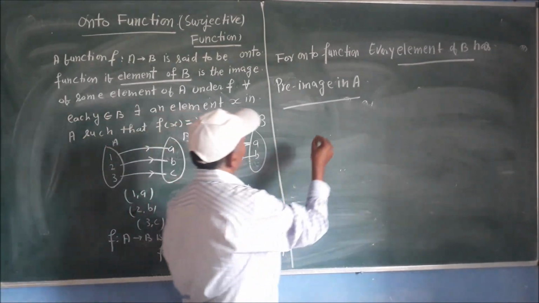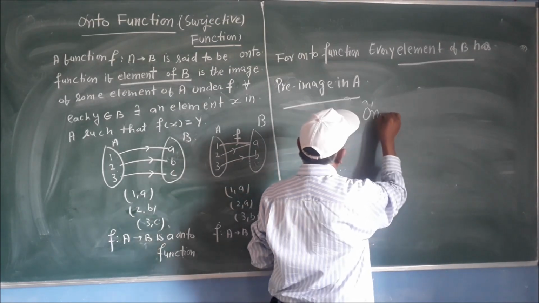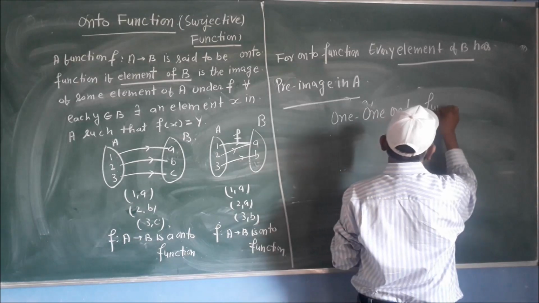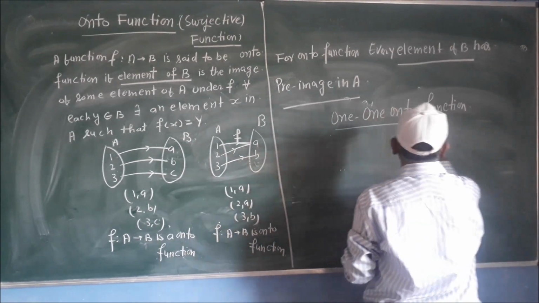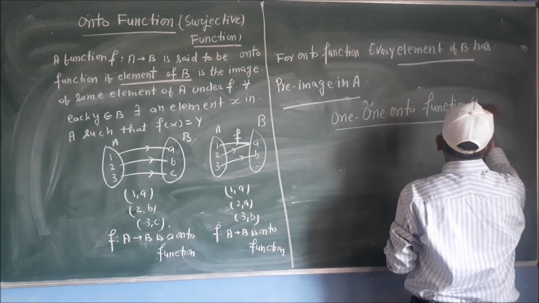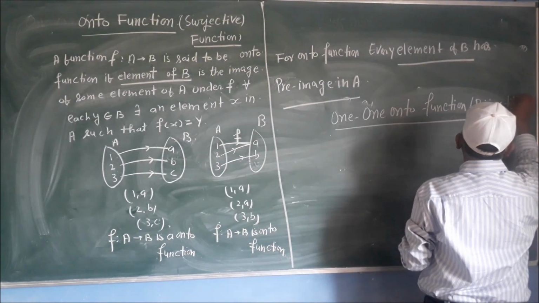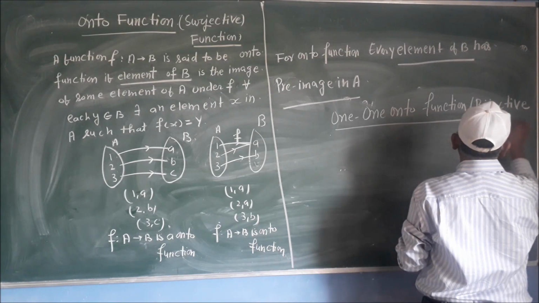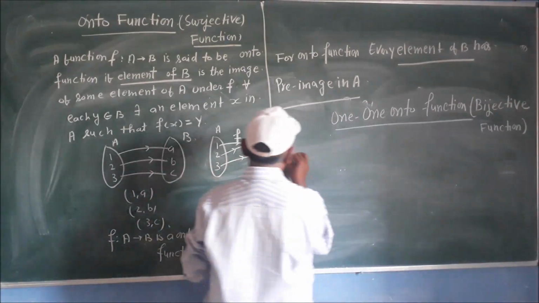And after that, the last type of your function is the one-one onto function, which is also called a bijective function.